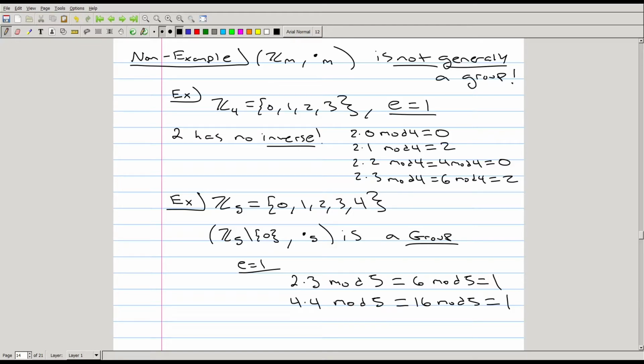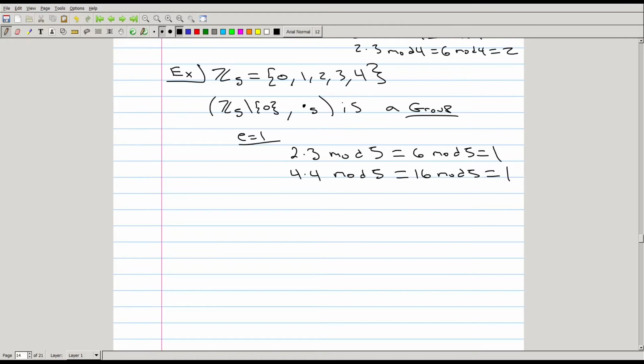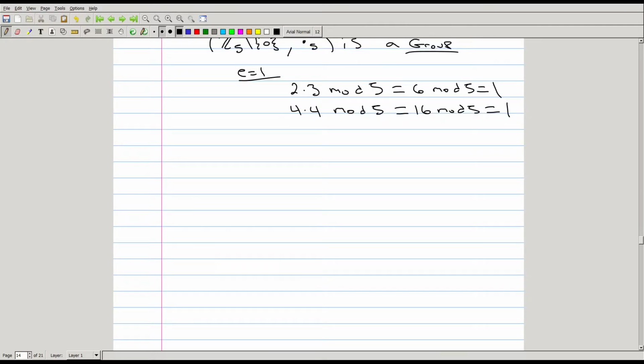So in general, what we're going to show is that if we take the set of integers mod a prime number, this set will be a group if p is prime.